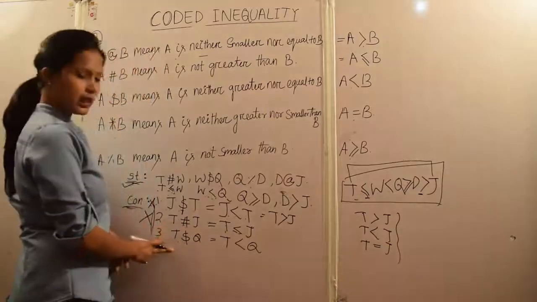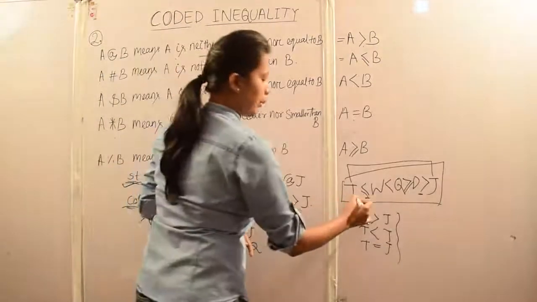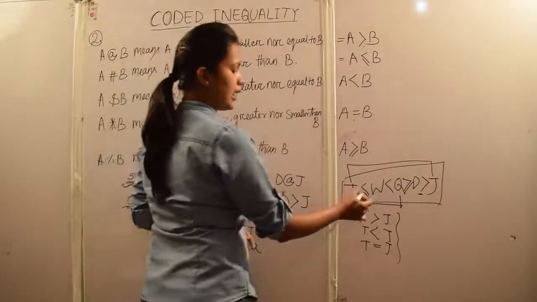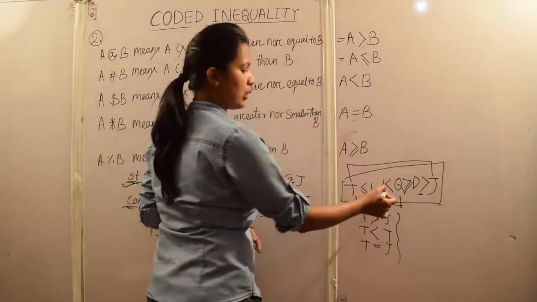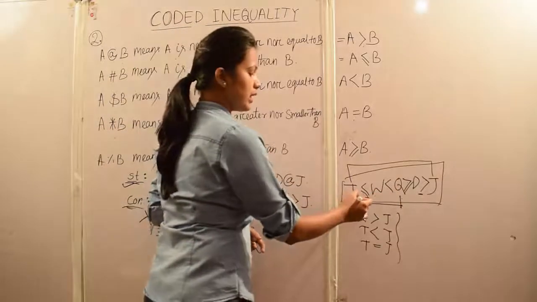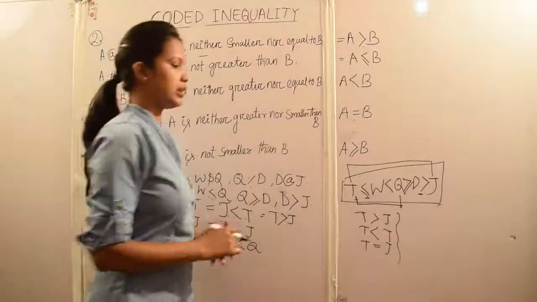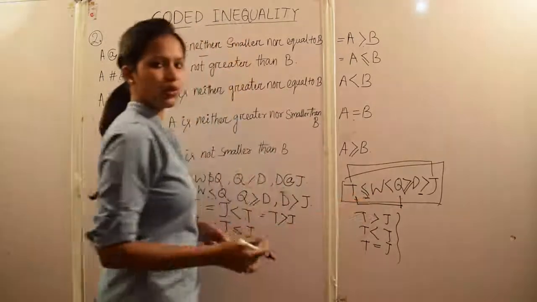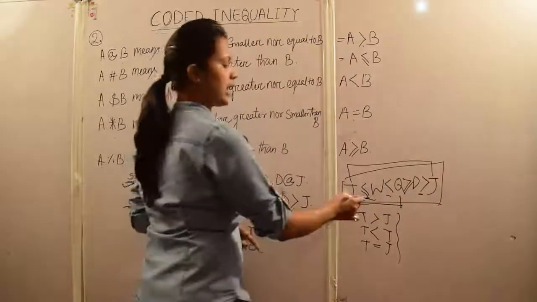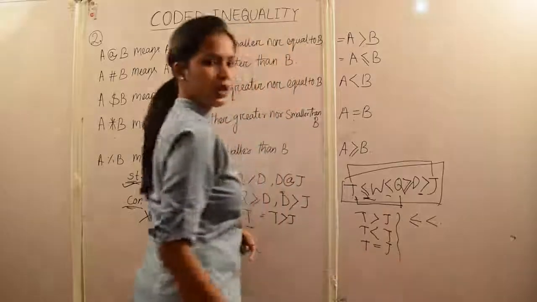Then comes the third conclusion, that is T less than Q. Here the comparison is between two variables, T and Q. Here T less than or equal to W less than Q is given. So the relationship between T and W is directly known to us, but how can we compare T and Q? Let us observe the two inequalities between T and Q, that is less than or equal to and less than.